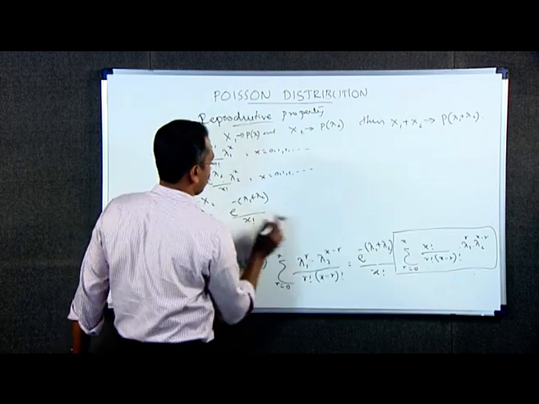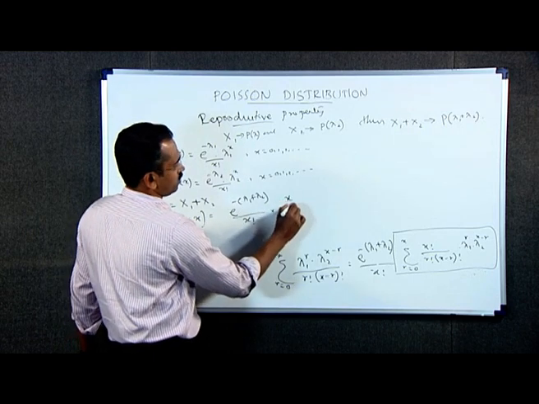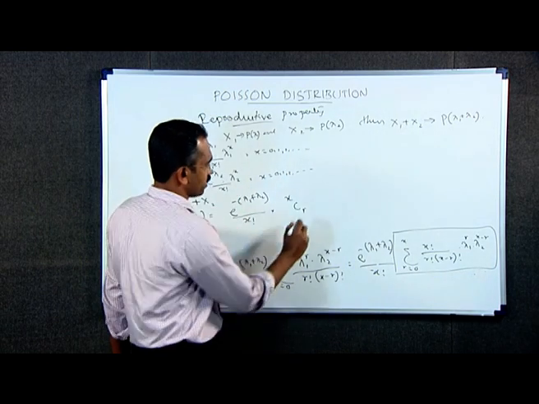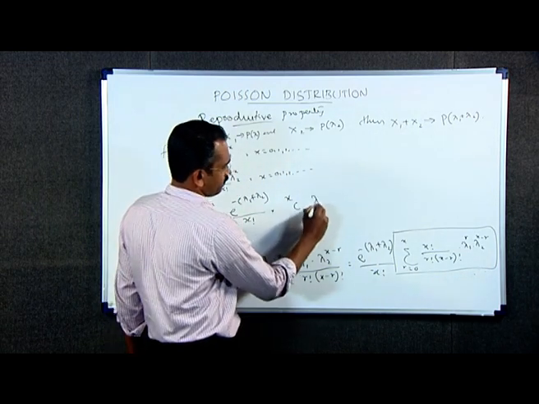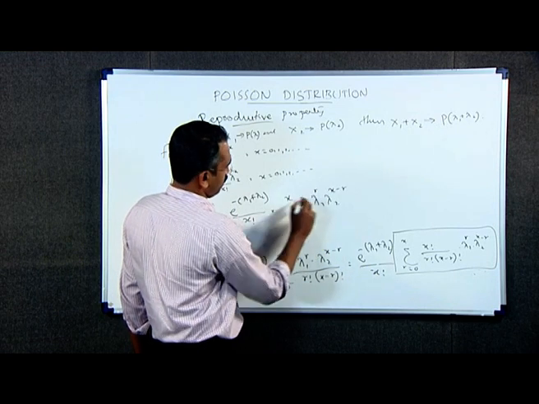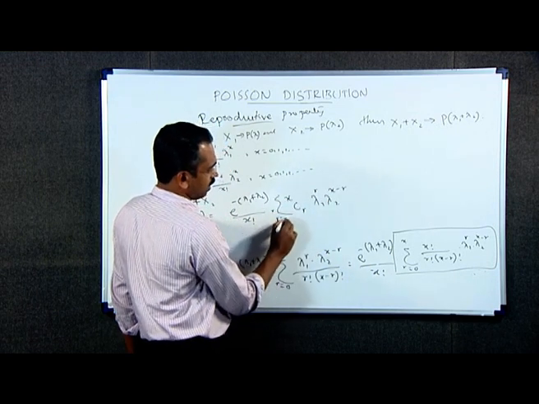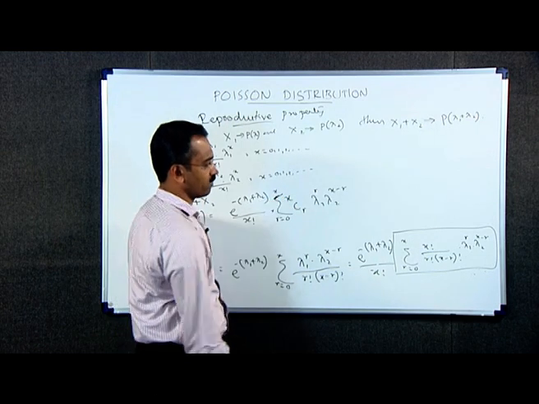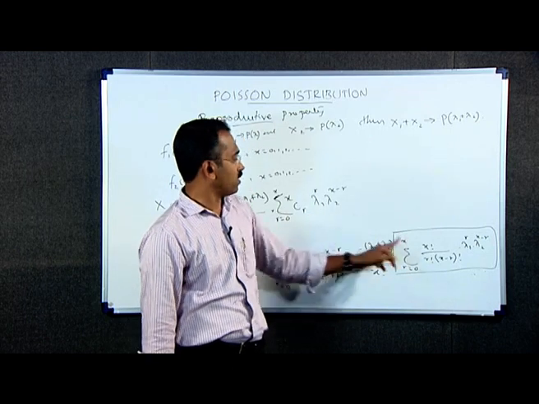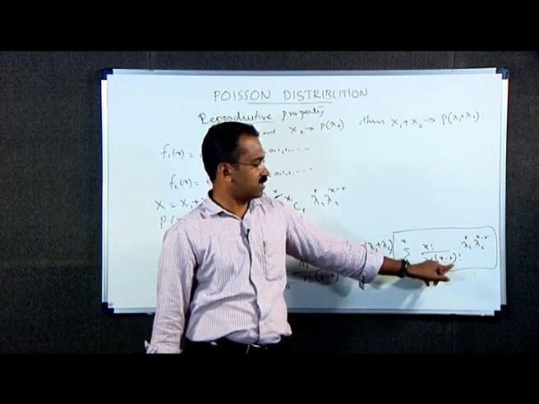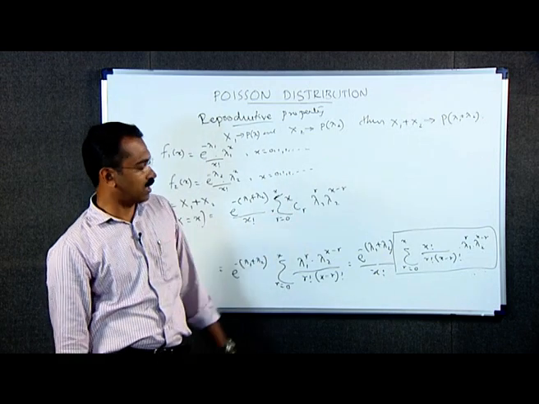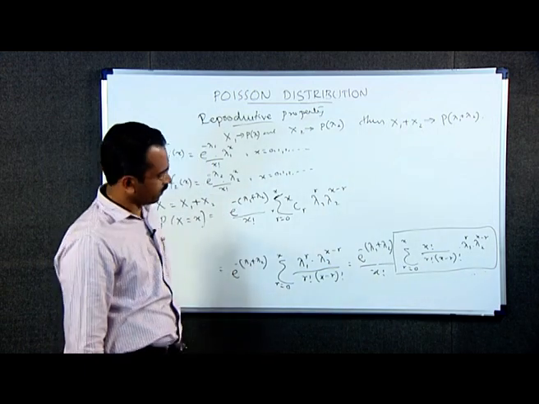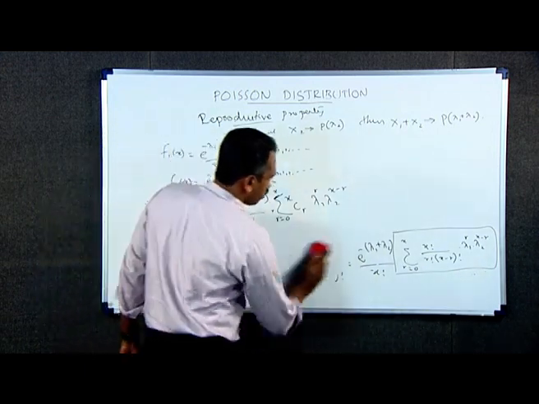This is x choose r, lambda 1 raised to r, lambda 2 raised to x minus r, summation over r varies from 0 to x. By definition, x factorial by r factorial and x minus r factorial is x choose r.